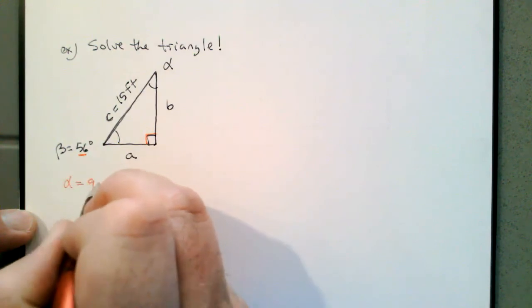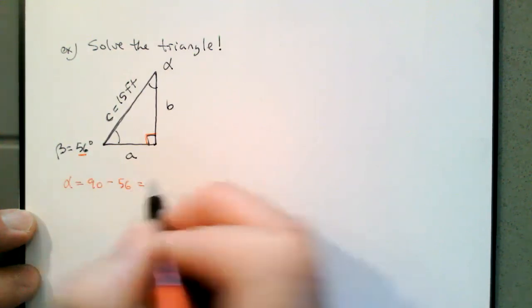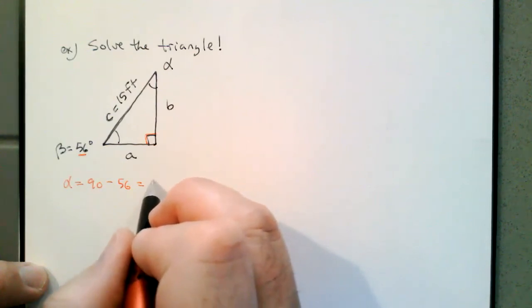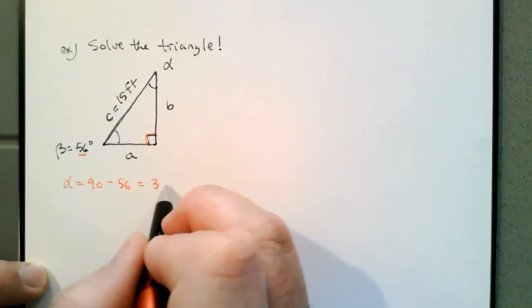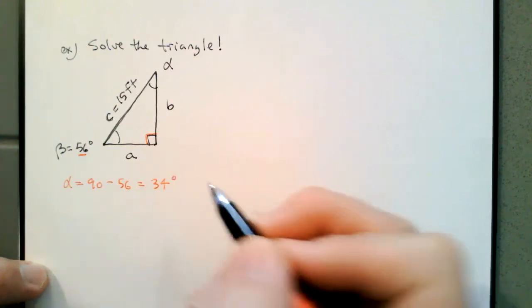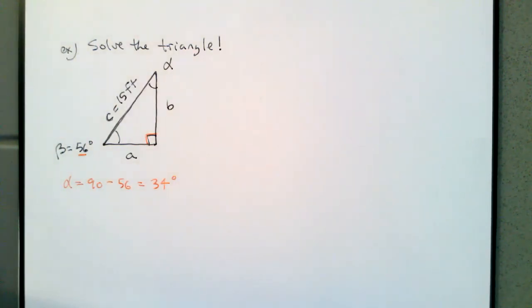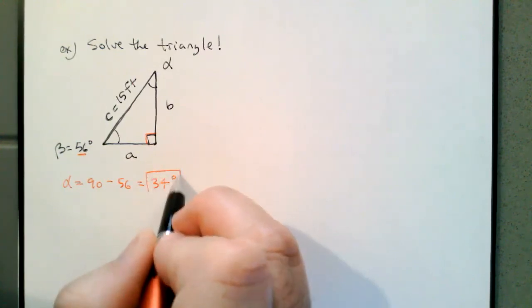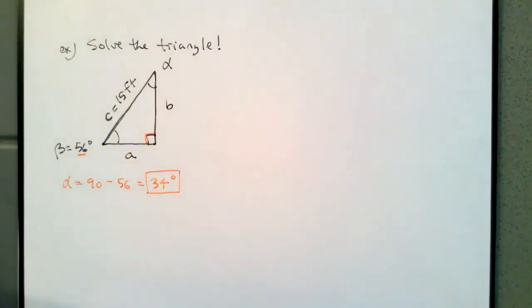Alpha is 90 minus 56, or 40 minus 6, so 34 degrees. Right, 56 and 34 is 90. So alpha is 34 degrees. As soon as we have two angles, we subtract to find the third one. That's just best practice.